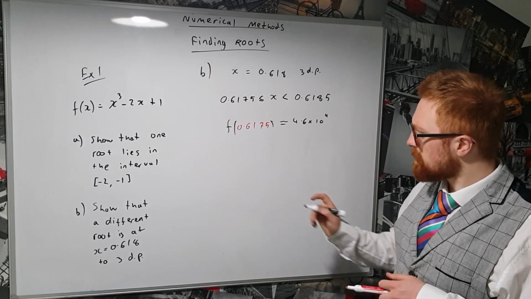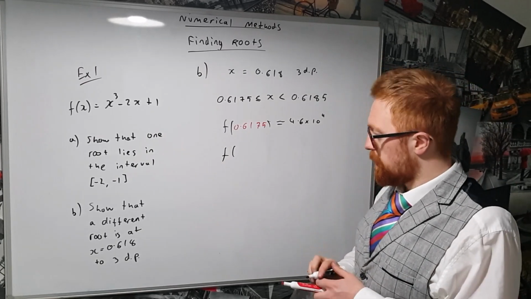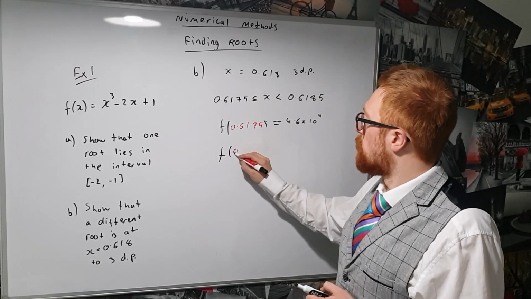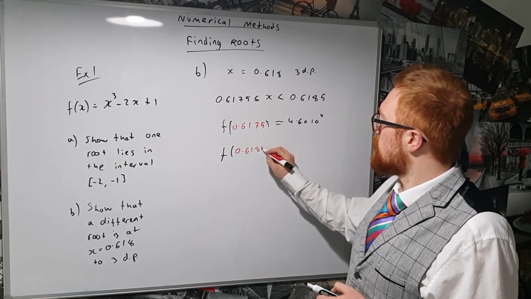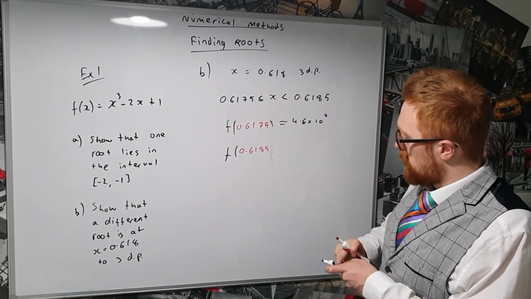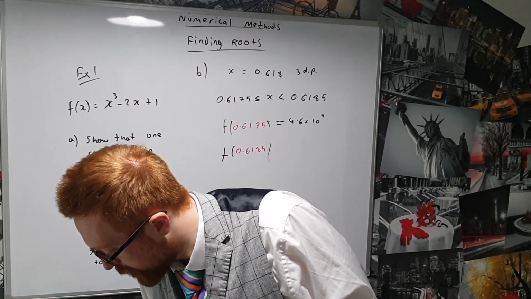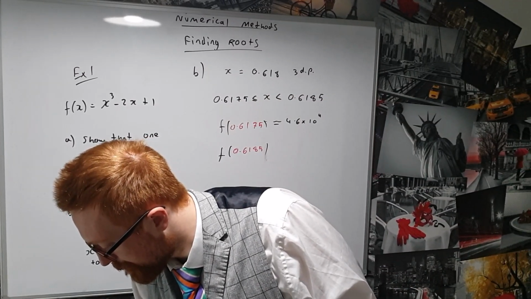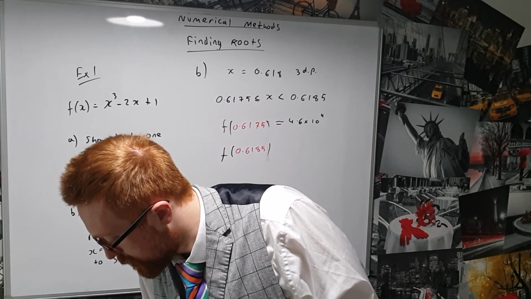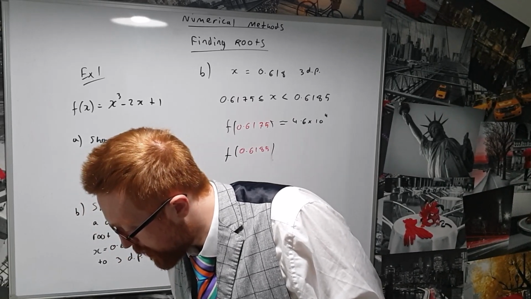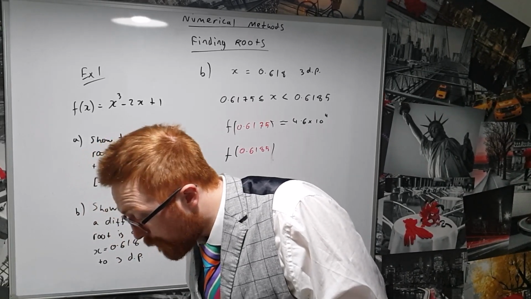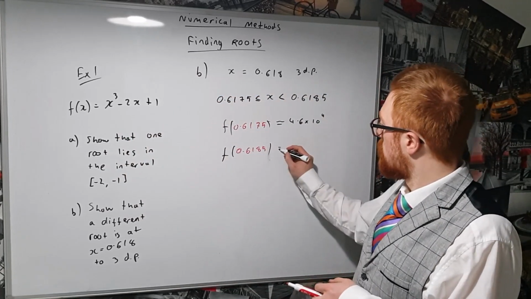that is still positive. And similarly we find f of 0.6185, which if we plug that into our calculators gives us a value of minus 4.0 times 10 to the minus 4.